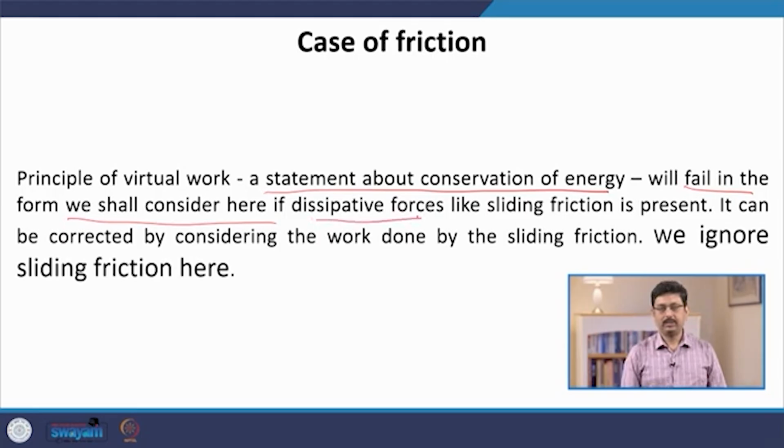If dissipative forces, like sliding friction, are present, we can correct it by adding the work done by the sliding friction in our equation, but for simplicity we are going to ignore the sliding friction here. In the examples that we shall work out, we will assume that there is no sliding friction.